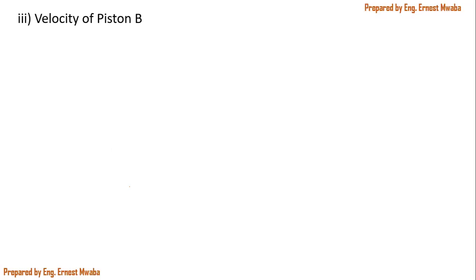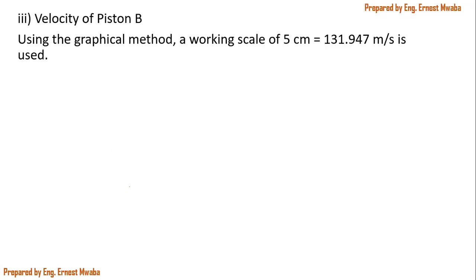What about velocity of B? So velocity of B, using the graphical method, the first thing you do is copy the diagram. Then for members OA and AB, you draw perpendicular lines, because that is how the linear velocity behaves. Then you combine that into a velocity diagram.